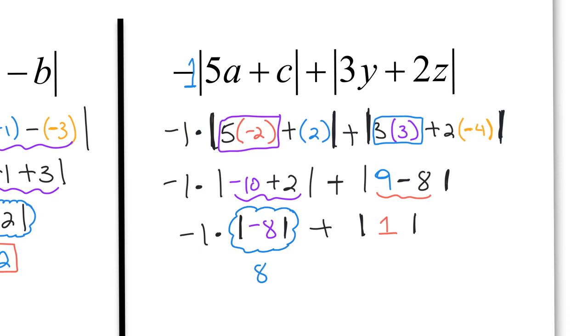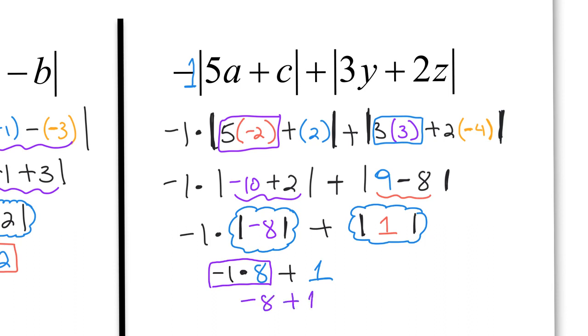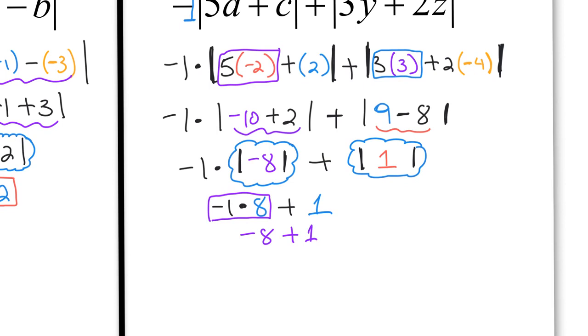So you put the 8 right there. You bring down the times and the negative 1, plus, and the absolute value of a positive 1 is just 1. So now you guys follow the order of operation. You multiply before you add. So negative 1 times 8, that's negative 8, plus the 1 over here, and the answer is negative 7.